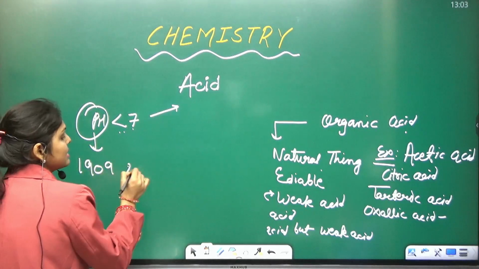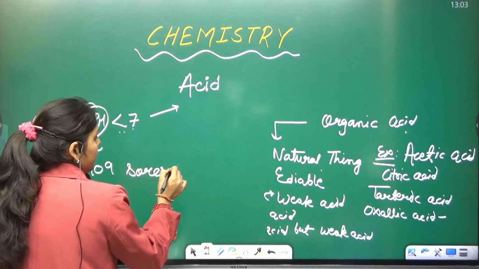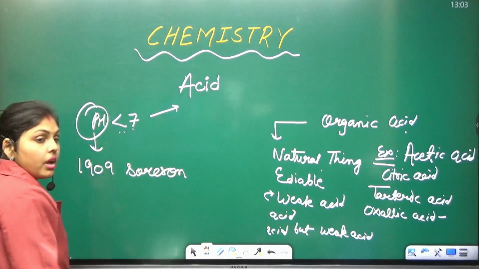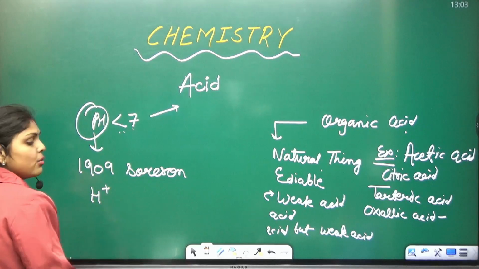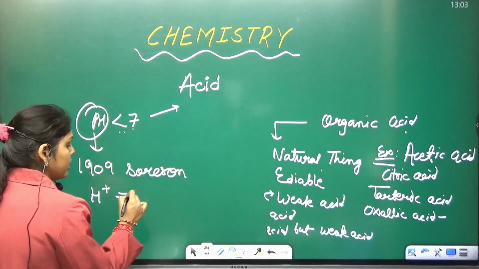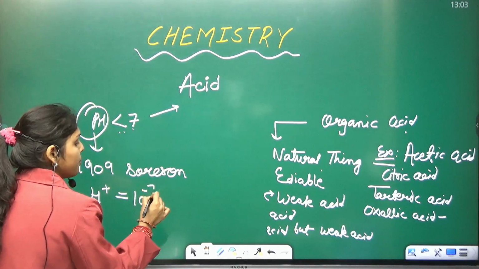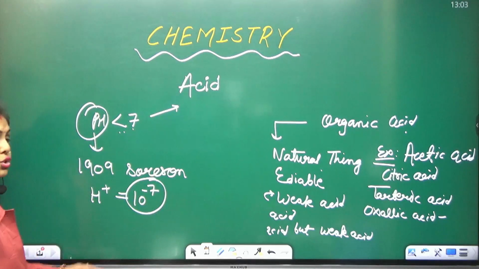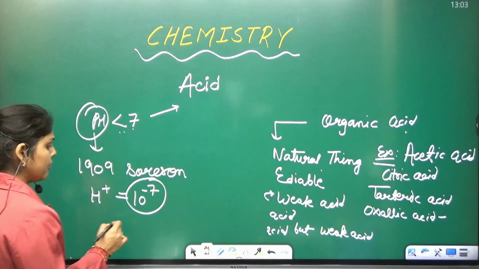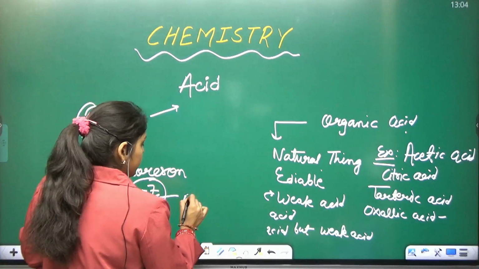So in 1909, a scientist named Sorensen came. People before that calculated H plus ion in their aqueous solution in very small numbers like 10 to the power minus 7. So these are very small numbers. So he came and gave a power to this number.